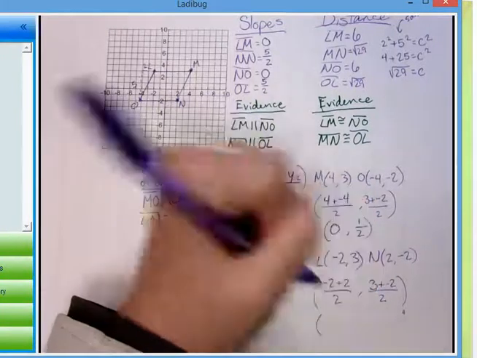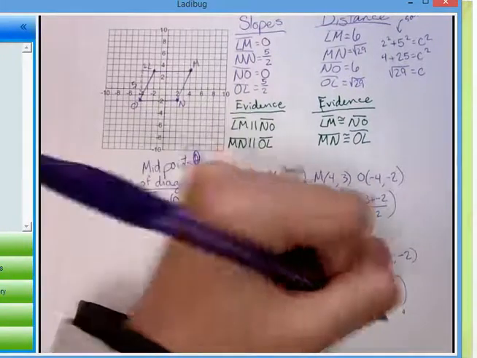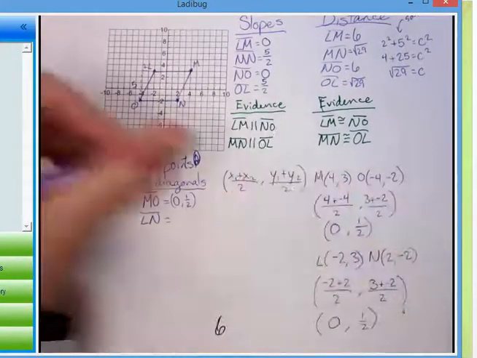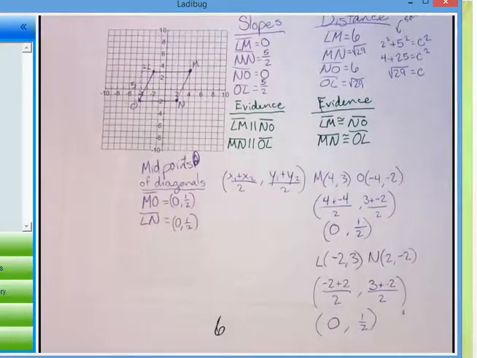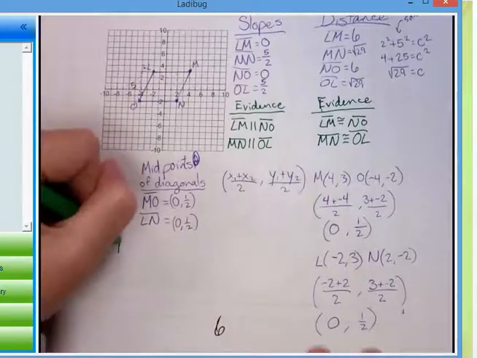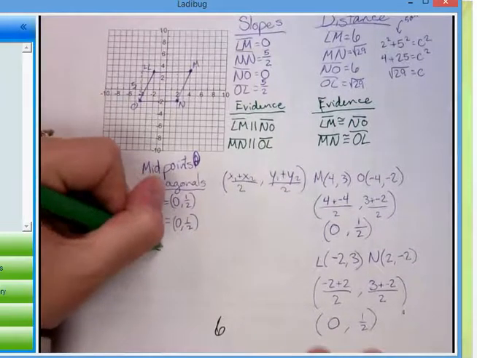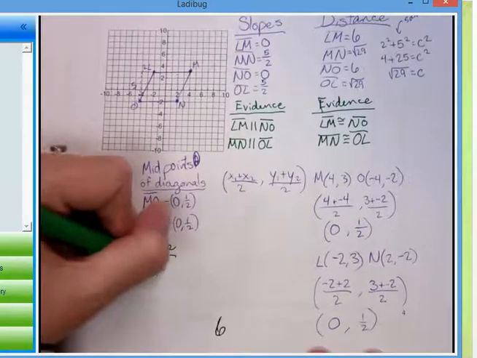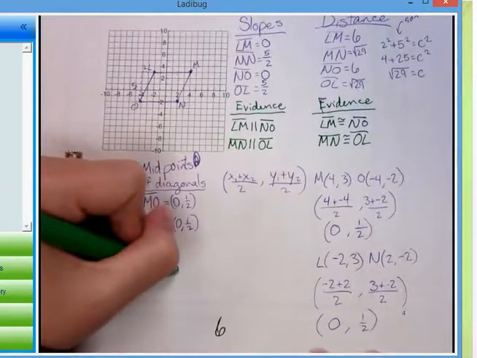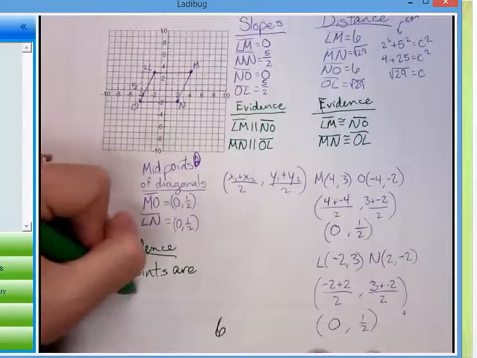Oh, check it out. We've got 0 and 1/2 again. So our evidence is going to be that the midpoints are congruent.